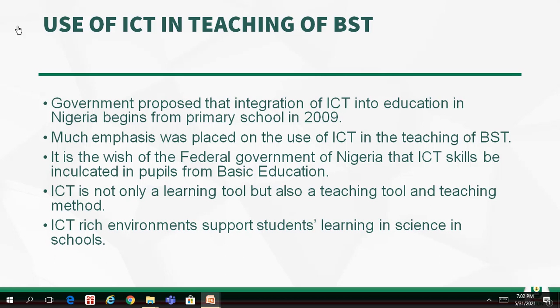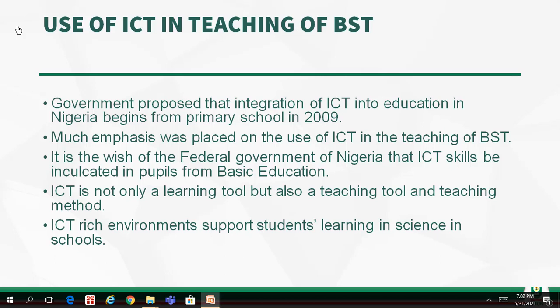Then the use of ICT, information communication technology, in the teaching of basic science and technology. As stated in the National Policy on Education in 2009, the government proposed that the integration of ICT into education in Nigeria begins from primary school in the teaching of basic science and technology.